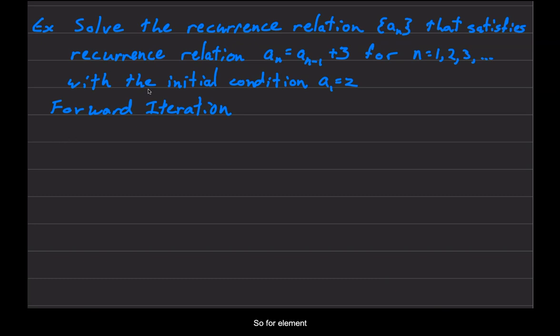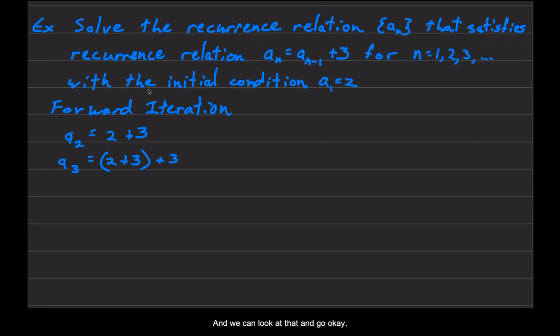So for element a2, it will be 2 plus 3. 2 was the value for element a1. Then for element a3, it will be equal to 2 plus 3 plus 3.